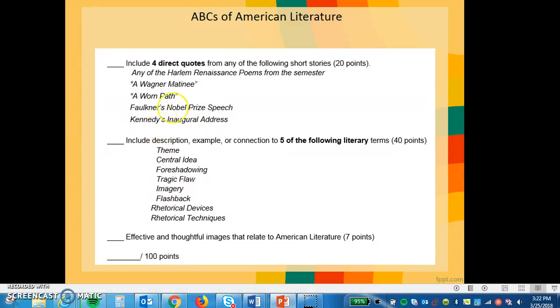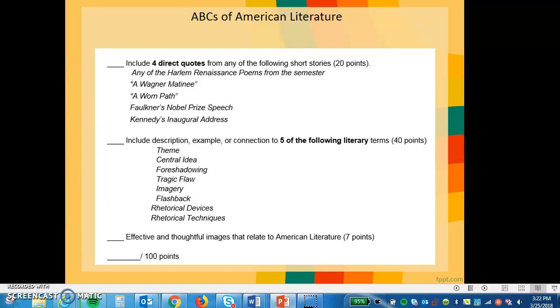You must include a description, example, or connection of 5 of the literary terms. Here are the literary terms you can choose from: theme, central idea, foreshadowing, tragic flaw, imagery, flashback, rhetorical devices, and rhetorical techniques.